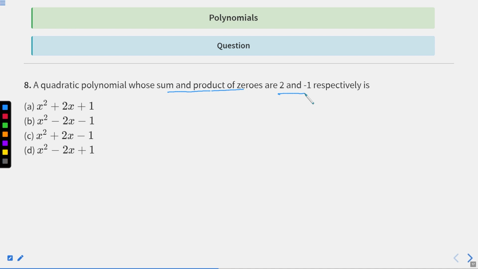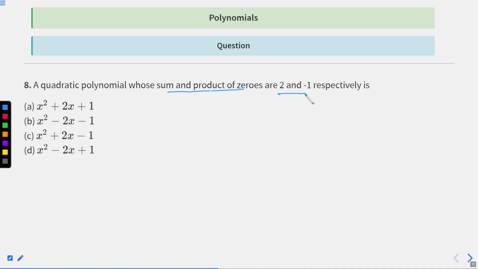Let us consider the quadratic polynomial p of x equal to ax square plus bx plus c, where a, b and c are real numbers and a does not equal 0. Here the sum and product of zeros are given as 2 and minus 1 respectively.